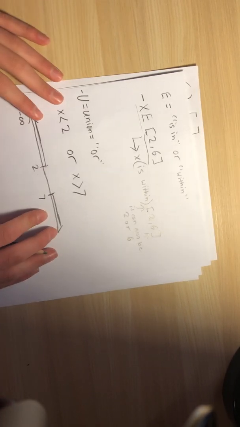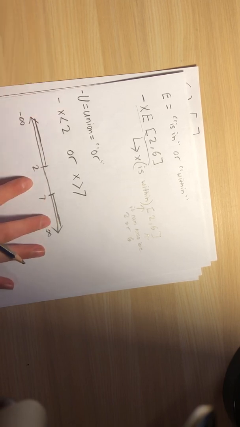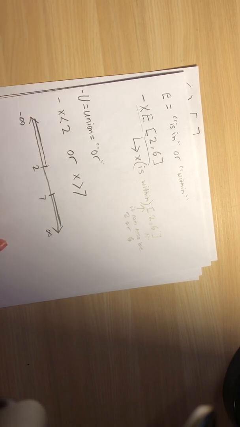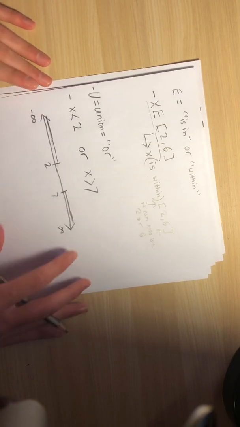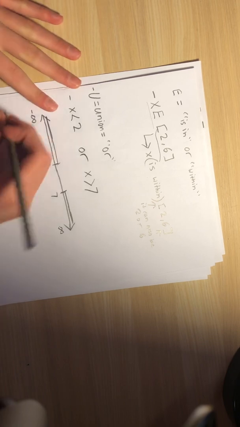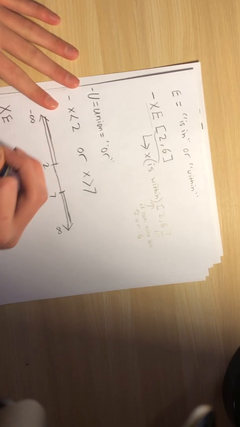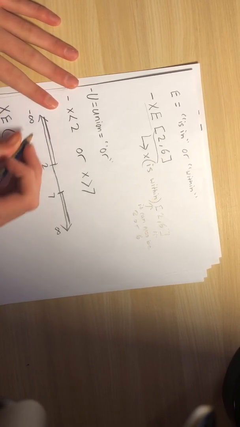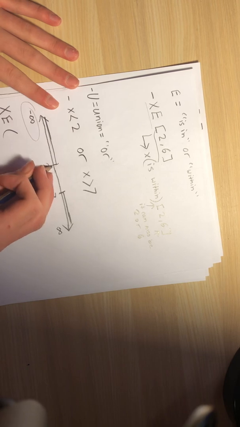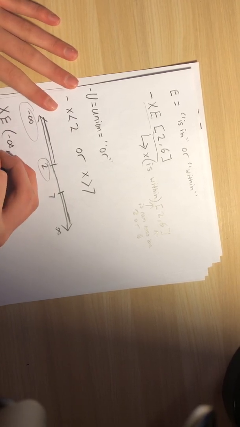So this is what the two things would look like on a simpler place, like a number line that we're familiar with. To write this out in algebraic form, we start with x ∈, x is within. x is within negative infinity and 2, so we write down negative infinity and 2.